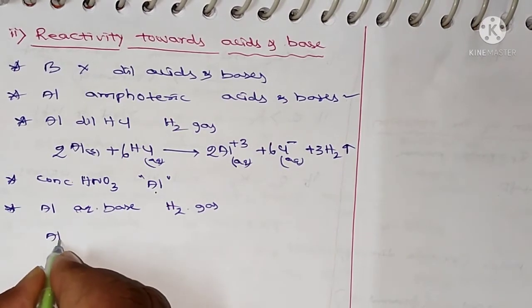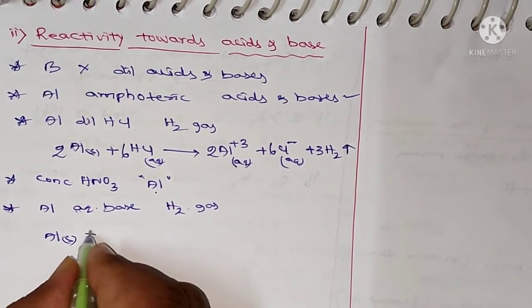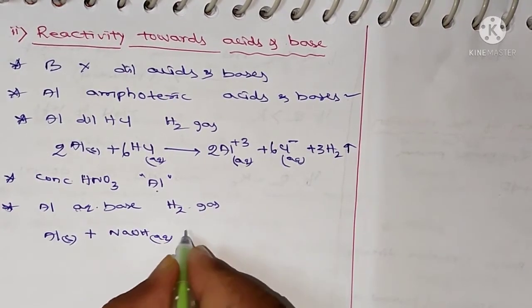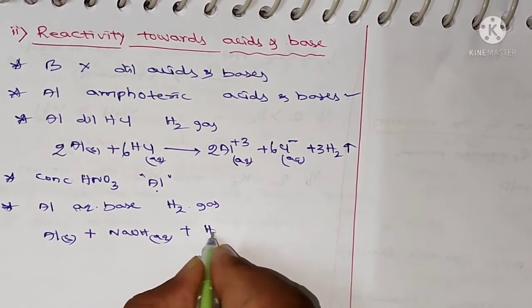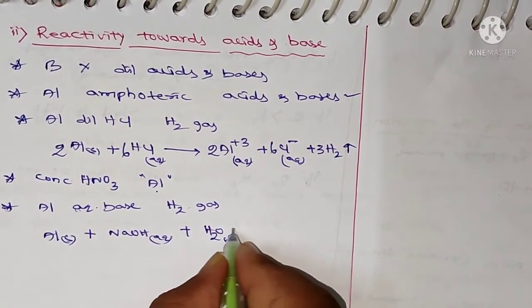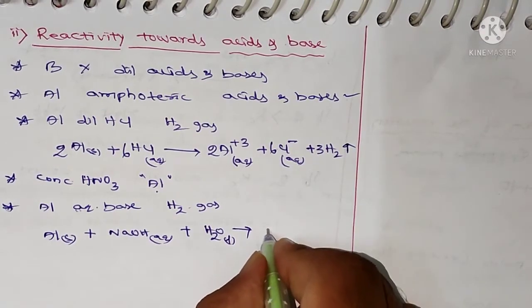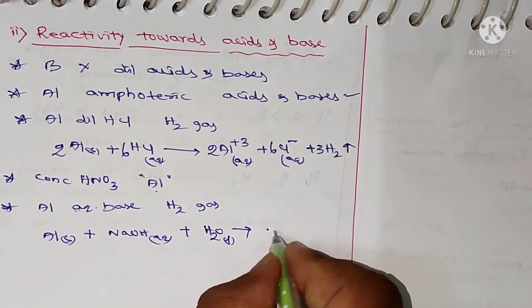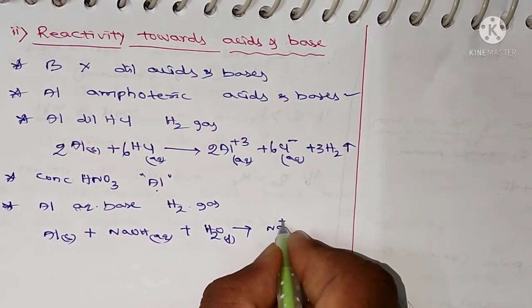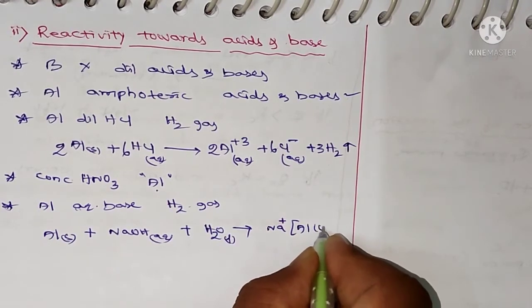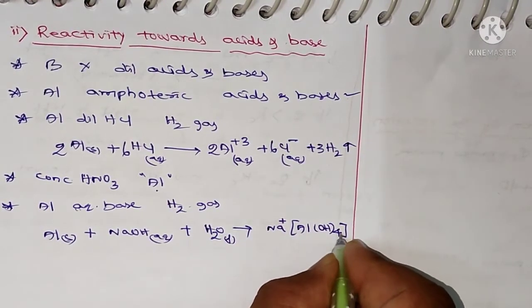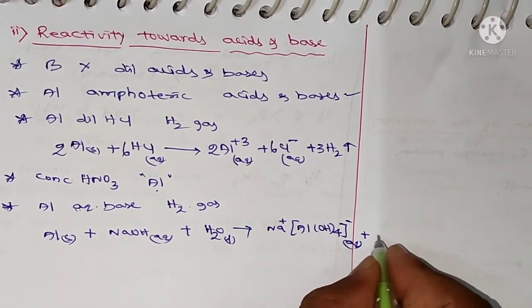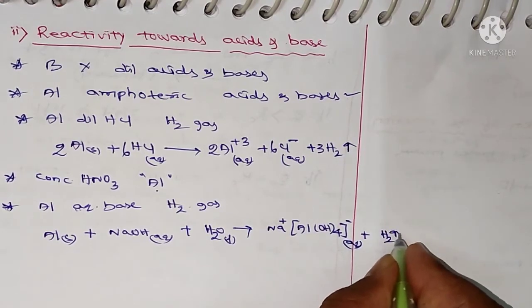Let me take the reaction. Al solid plus NaOH aqueous plus H2O liquid gives sodium tetrahydroxoaluminate complex, Na+ [Al(OH)4]- aqueous, plus H2 gas.